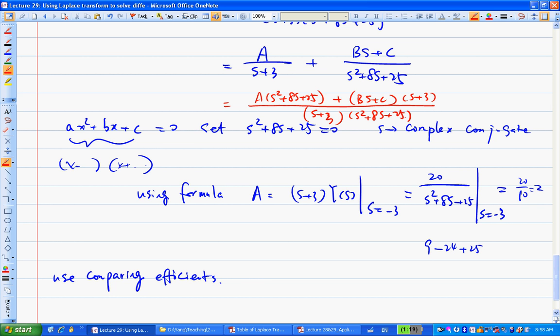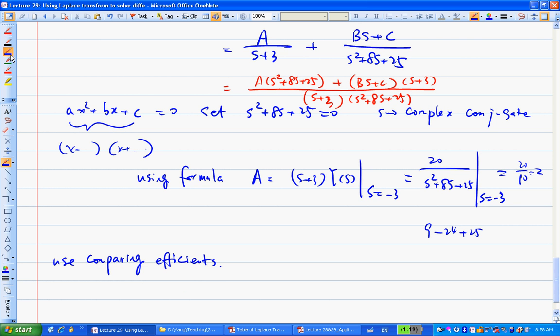So the numerator here should be the same as the original numerator, but we need to clean it up a little bit first. So I'm going to write down at the bottom now. This side of the numerator is A. How many S squared terms? There are A plus B S squared. How many S terms? There's 8A here, and here you have 3BS plus CS, so that's 3B plus C. How many constants?